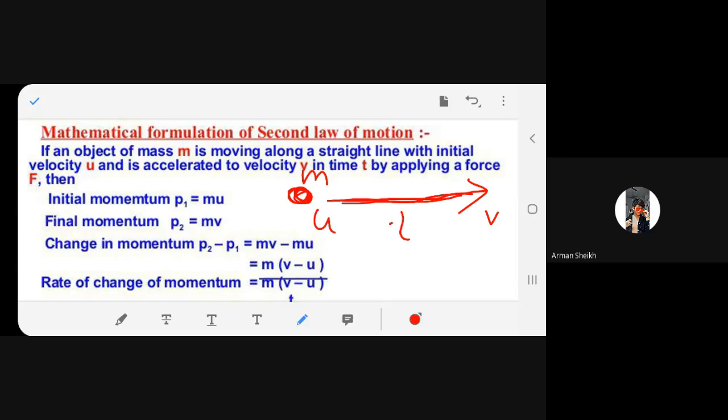How much time has been taken? T. And what force is applied? F. This much have you understood? Now the object is over here. Have you understood this much? Yes, ma'am.